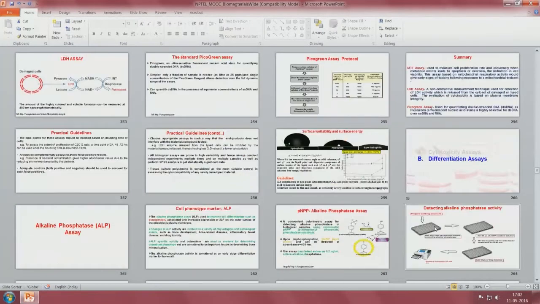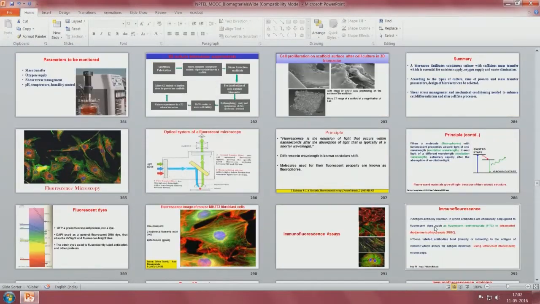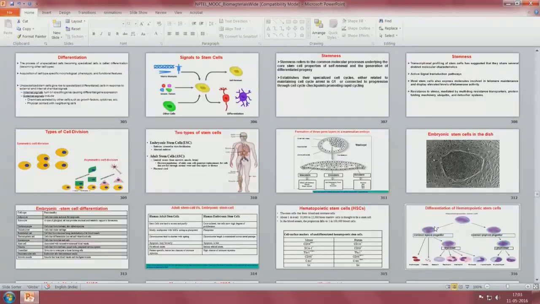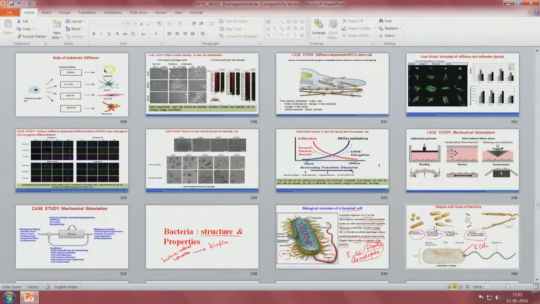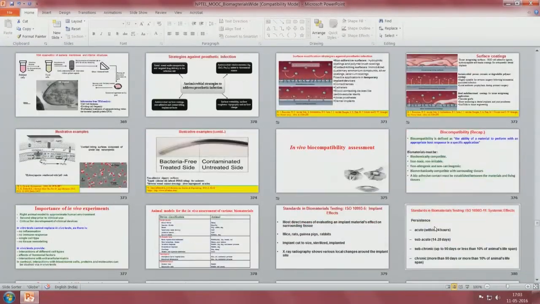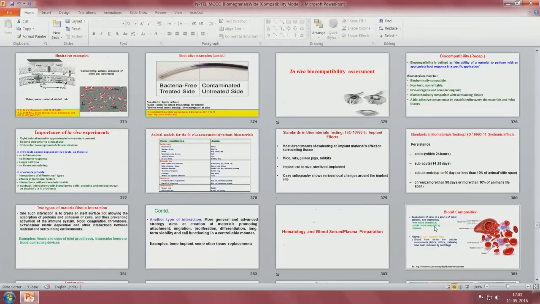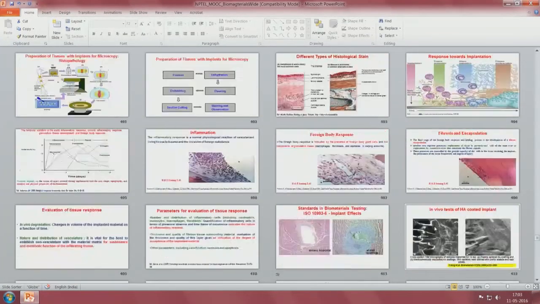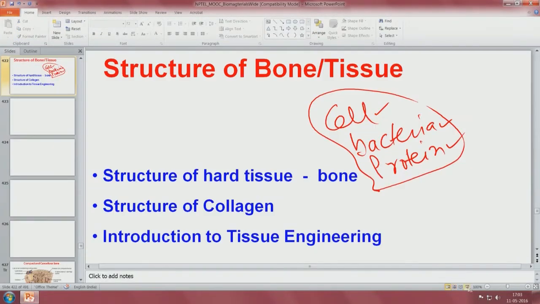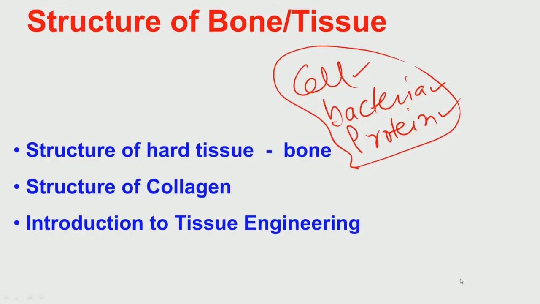To start with, one has to know that natural bone is a classical example of a polymer ceramic based biocomposite, where collagen is the example of the polymer that it contains and hydroxyapatite is the ceramic. Therefore, we will also discuss the structure of collagen in the bone.